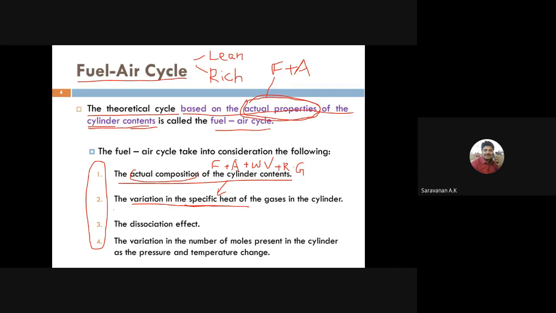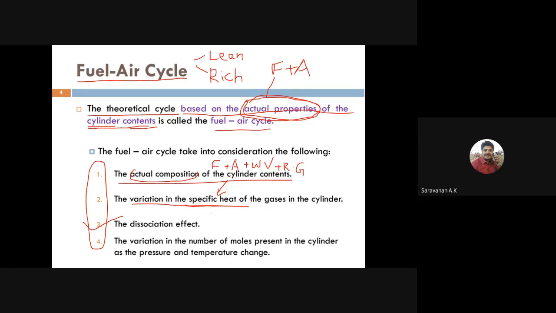Then the third one is the dissociation effect, that is the disintegration of the molecules. The fuel air mixture does not completely combine chemically at high temperatures. Therefore, at equilibrium conditions, gases like carbon dioxide, hydrogen, and oxygen may be present in the cylinder.